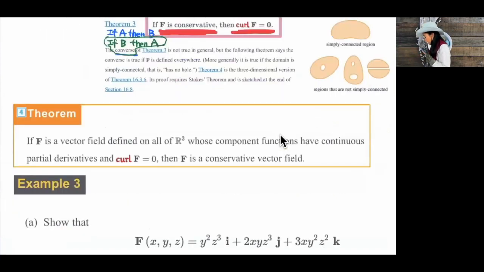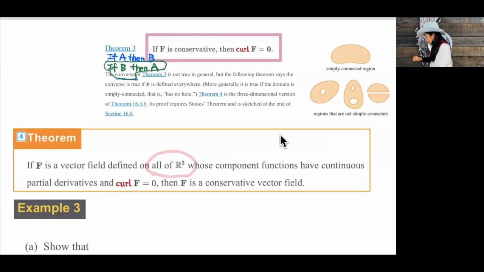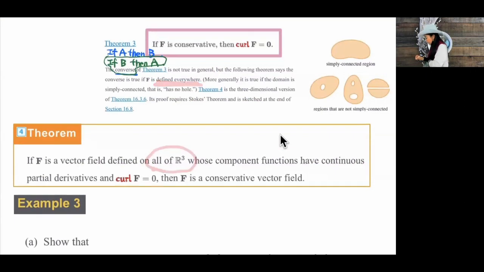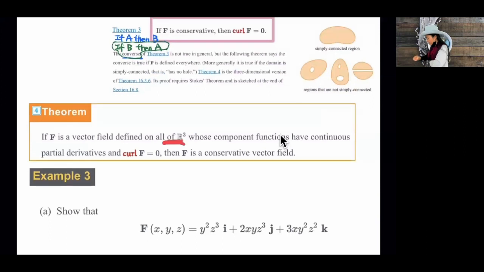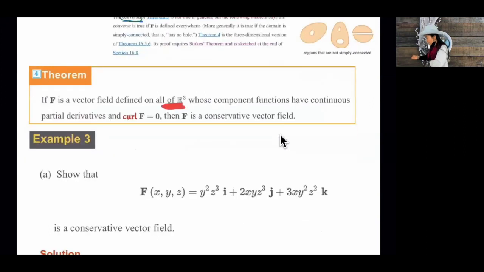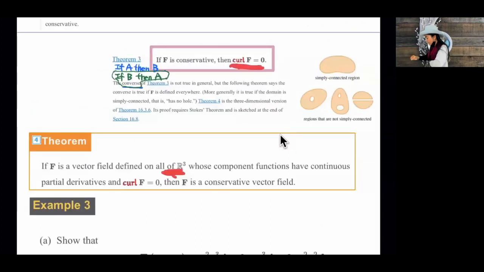So if the big F here, this vector field, is defined on all of R3, so it's defined everywhere, whose component functions have continuous partial derivatives, and the curl is equal to zero, then the vector field is going to be conservative. So on R3, if the vector field is defined on all of R3, then the converse is going to be true.